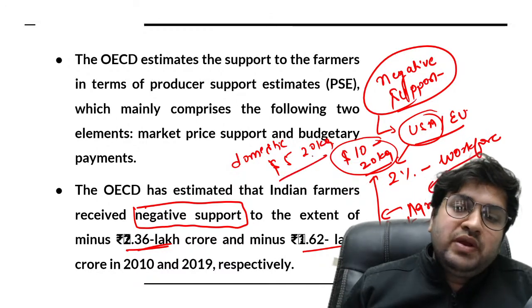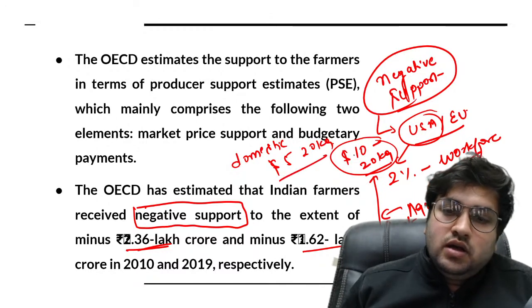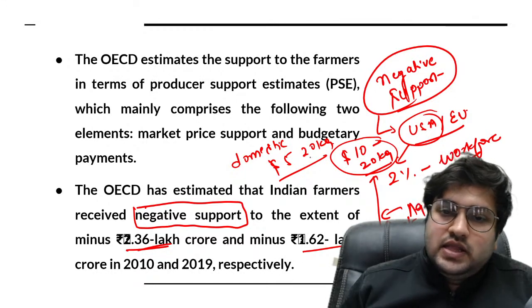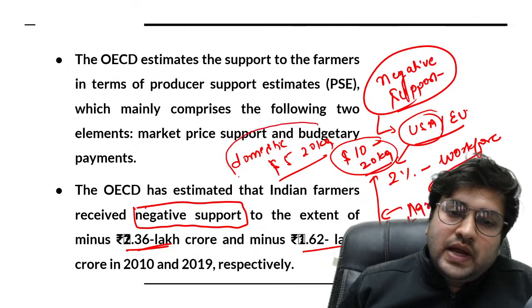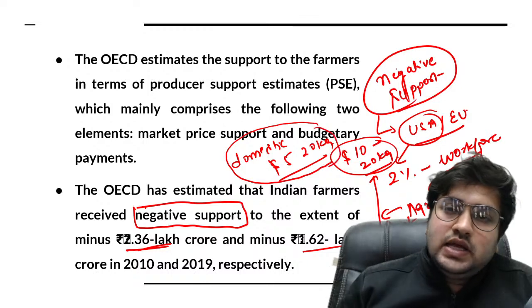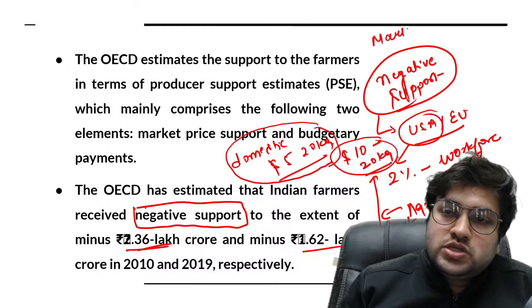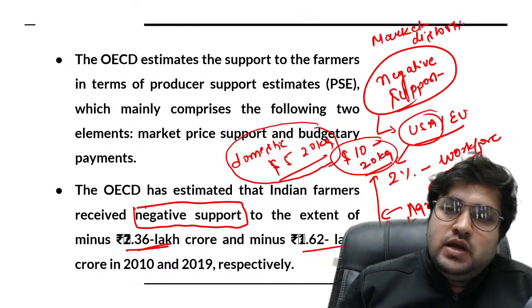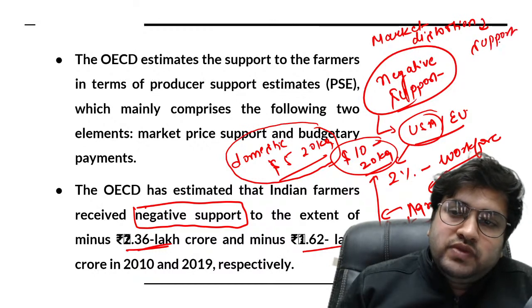Now no one will prefer to buy wheat at the higher price. So it is asked why the price is less. The price is less due to market distortion, which is visible because of the support offered by the government of that country.